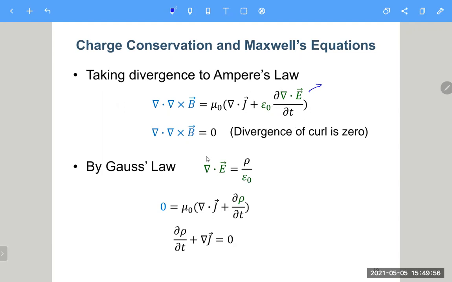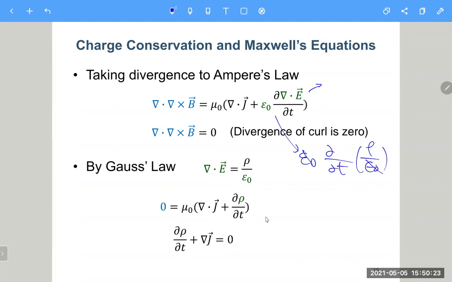And you can see here, the divergence of E is rho over epsilon naught. So you just plug that term in here. You have epsilon naught partial t, and then rho over epsilon naught. So epsilon naught and epsilon naught cancel, and you are only left with partial rho partial t.